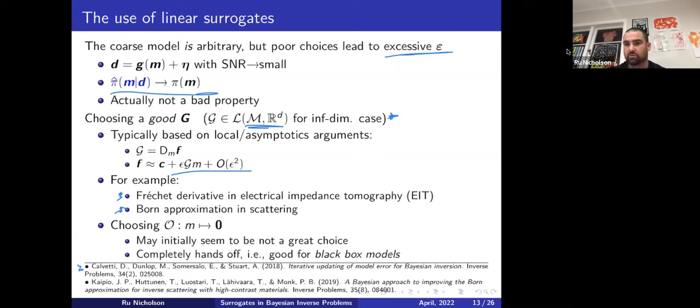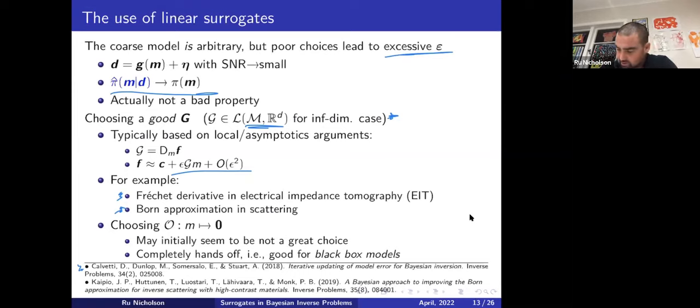So one other option we could choose as another particular choice of linear mapping is the zero model, right? That's just, you give it some parameter and it maps it to zero. Right, that's linear. Initially, it doesn't seem like a great choice, and we'll talk about that in a moment.